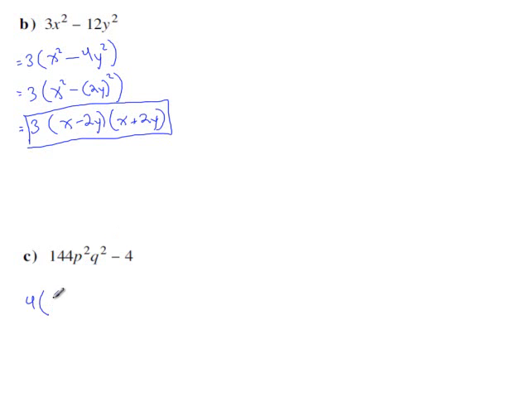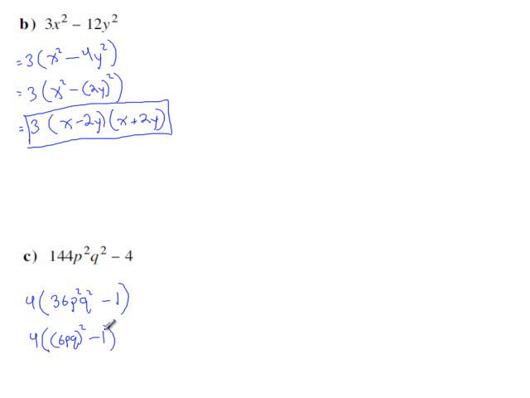144 divided by 4 is 36. So you have 36p squared q squared. And then 4 divided by 4 is 1. So this goes 36, I know, is 6 squared. So 6 squared times p squared times q squared, I could write as, in brackets, 6pq bracket squared minus 1.